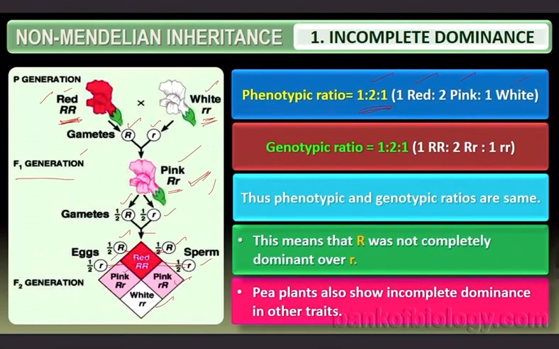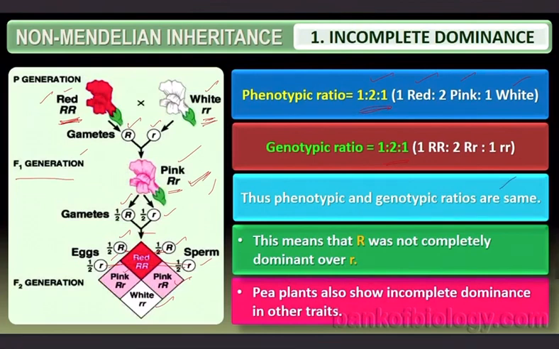Phenotypic ratio, you try to recollect. In Mendelian inheritance, it is always 3:1, we said. Now the 3:1 is deviating into 1:2:1. Why? Phenotypically, if you see, one red flower is formed here, two pink flowers are there, intermediate dominance, and one white. That is the ancestral character. So here the genotypic ratio is also 1:2:1.